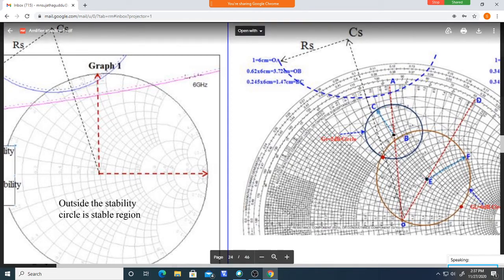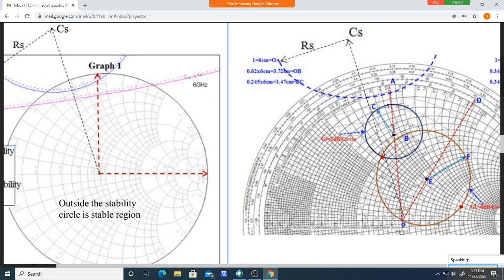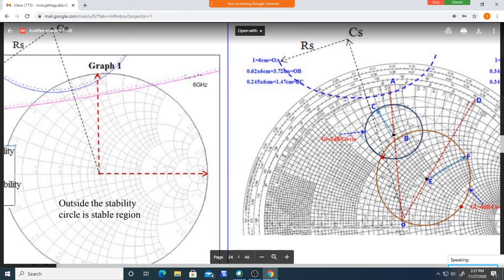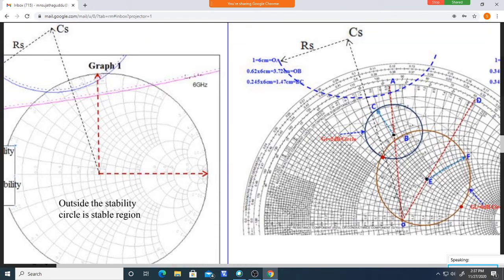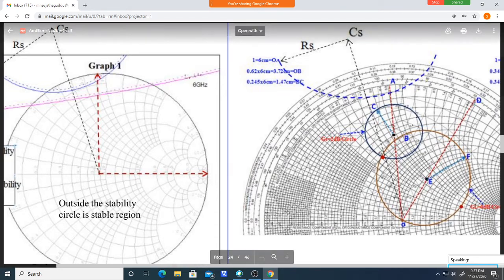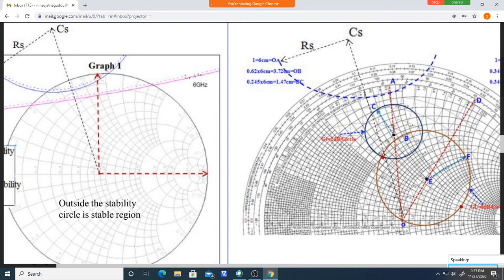See, for example, if this circle is inside here, and if the radius is more and the circle lies here, then you cannot take some values here. Now we can take any value here. But if this circle falls inside this, then you cannot take the values falling inside this.